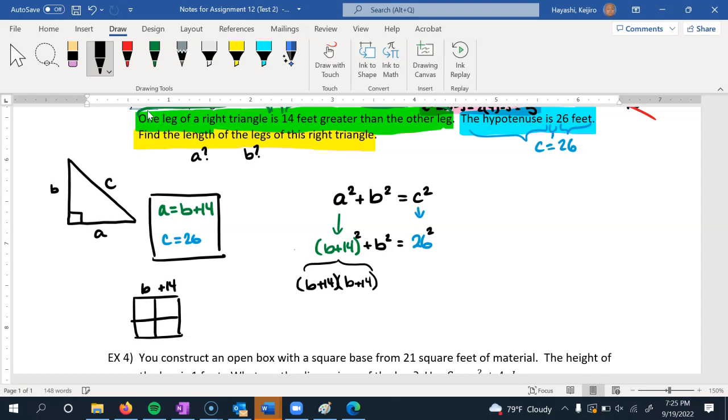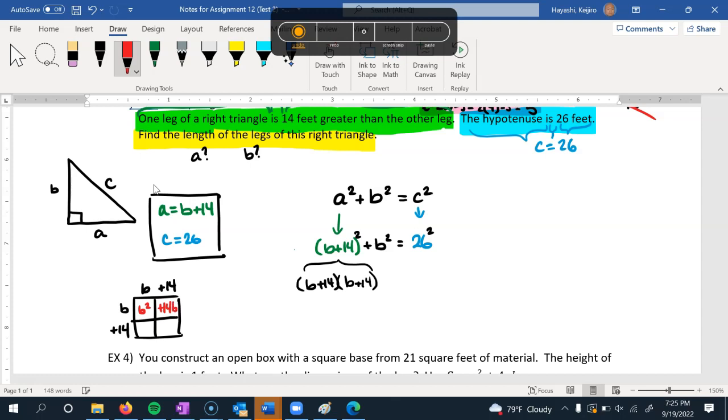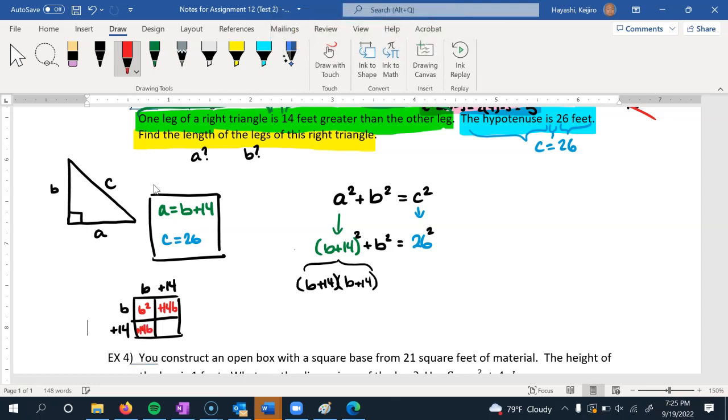B plus 14 across the top and b plus 14 down the side. Okay. B times b is b squared. 14 times b is plus 14b. Again, 14 times b is plus 14b. And 14 times 14 is 196.